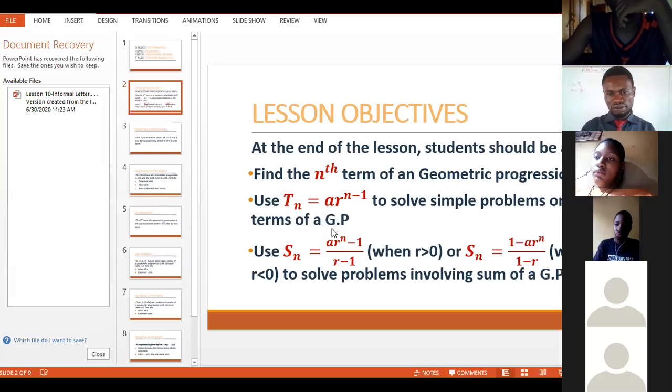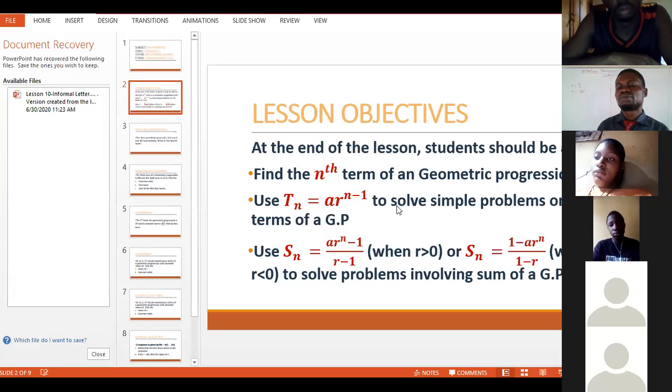What does this mean for this question? In our question, r is equal to 3 over 2, which means r is greater than 1. For r to be less than 1, the value would be a fraction or negative. Once r is greater than 1, you use the first formula.